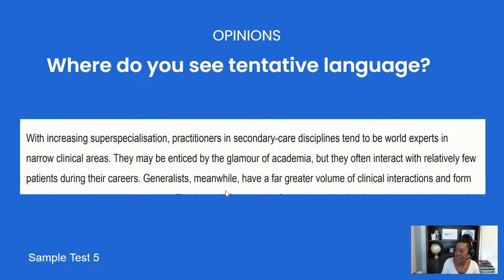Anything that gives the idea that it's not going to be 100% for sure to be the case. Anywhere you can see tentative language. Think about sentence one. There's something there, and also in the second sentence.